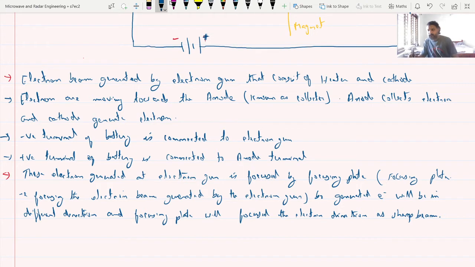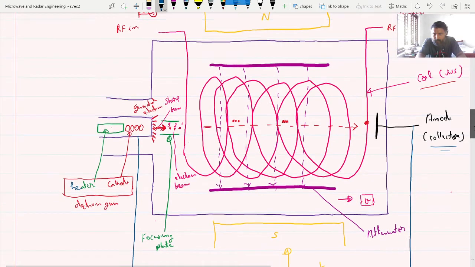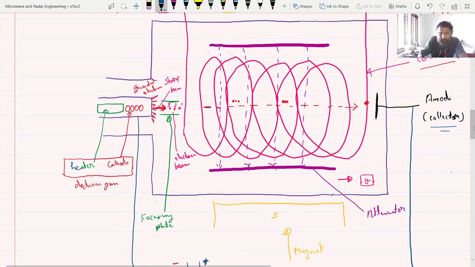Okay, focus the electrons as a sharp electron beam, that I have indicated with the arrow mark. You can see that one. Here I indicate the arrow mark. That is clear.